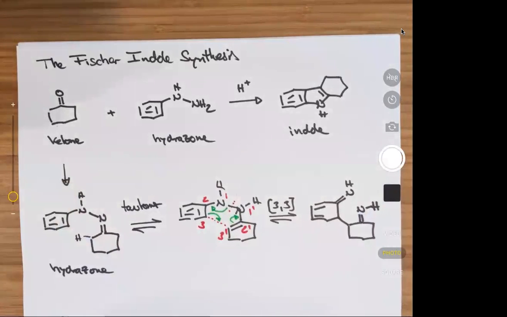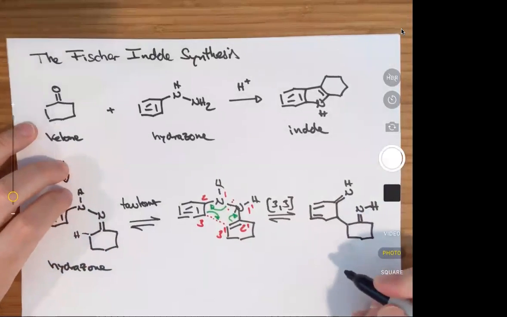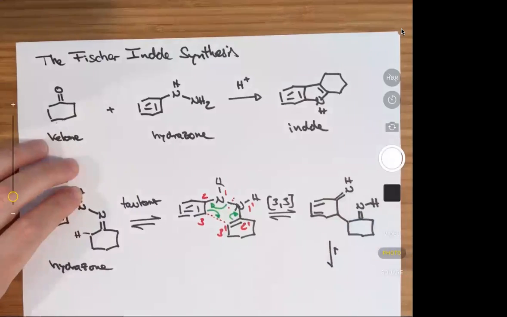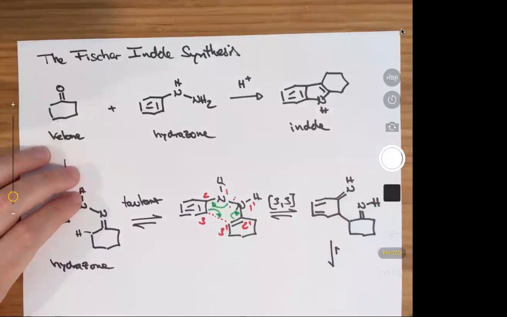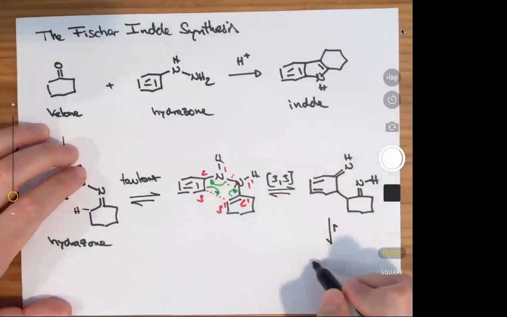Now, it's pretty obvious to all of you that this is not going to be a particularly happy system here. So this will very quickly re-aromatize, and I'm just going to intentionally draw the arrows like this because the driving force pushes this very quickly towards the re-aromatization.